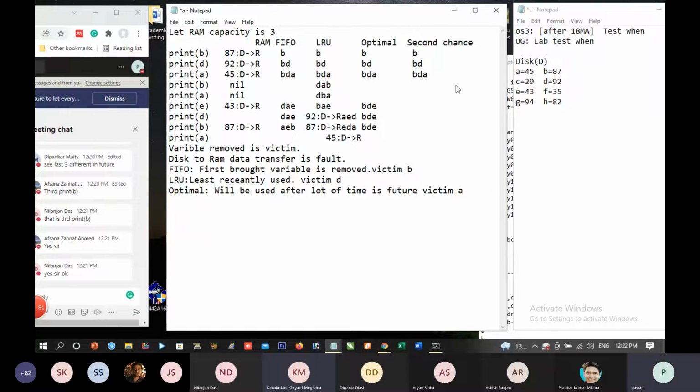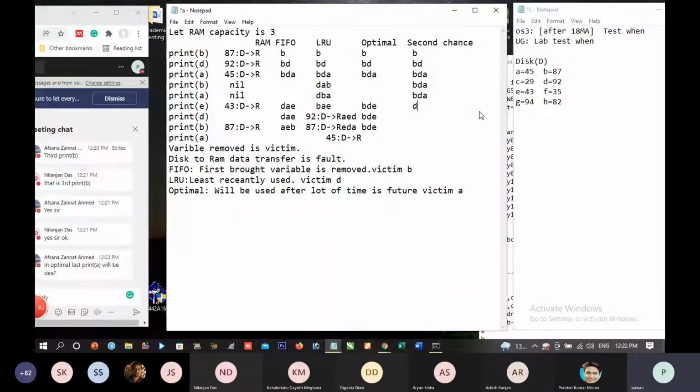Here also it is BDA. Now, print E has come. The first time the victim will be as in FIFO. So our victim is B and we shall get DAE, and in front of E we shall write that it is referenced.